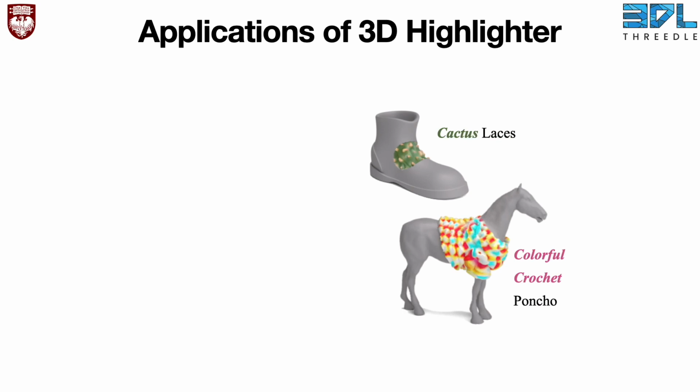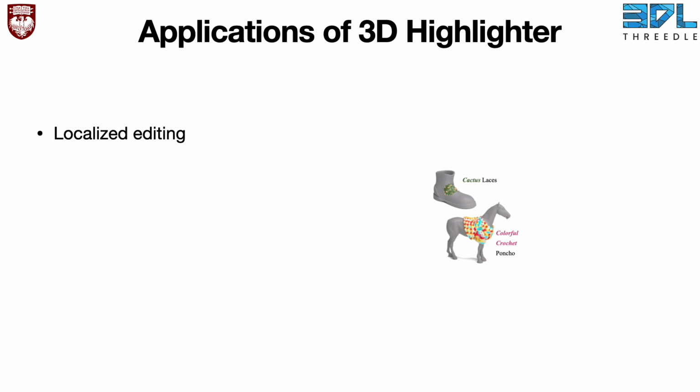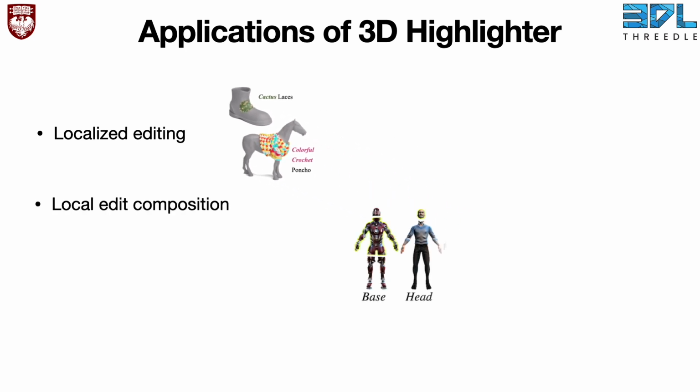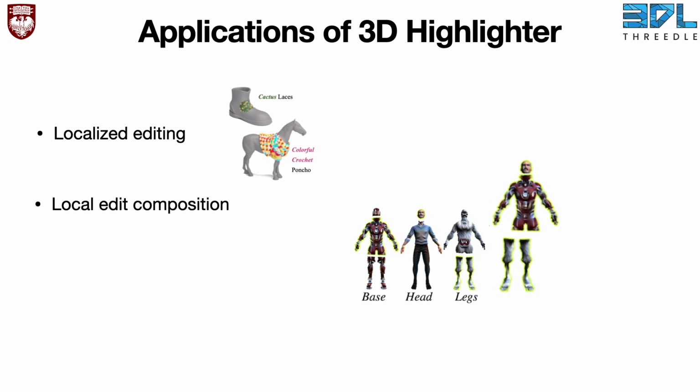3D Highlighter's ability to localize semantic regions allows for many applications in geometry processing. Once we localize a region with our method, we can apply a predefined color and texture to only that region. We can also compute the localization of multiple regions and use those localizations to composite different styles together on a single mesh.